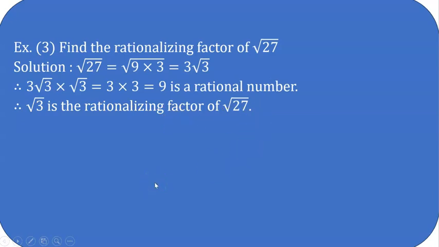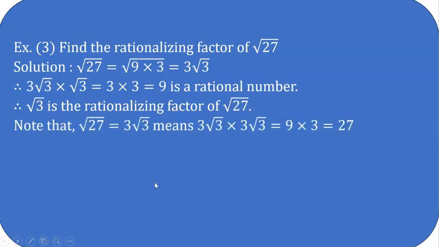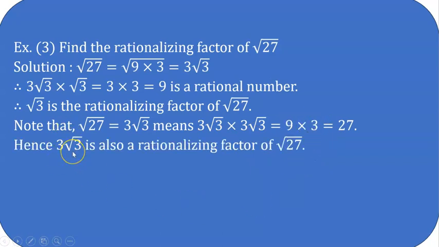Now root of 27 can be written as 3 into root 3, so 3 root 3 into 3 root 3: 3 into 3 is 9, and root 3 into root 3 is 3, so 9 into 3 is 27. Hence 3 root 3 is also a rationalizing factor of root of 27.